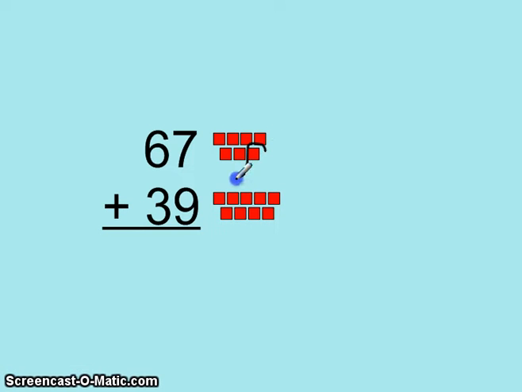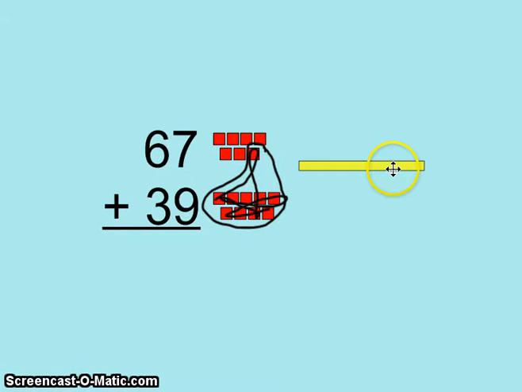Let me circle 10, and I can replace those with 1 rod. So now these 10 no longer exist. Instead, I have 1 rod and 1, 2, 3, 4, 5, 6.